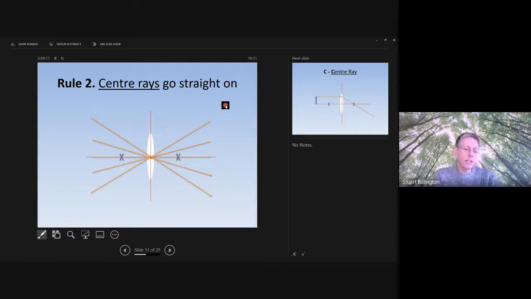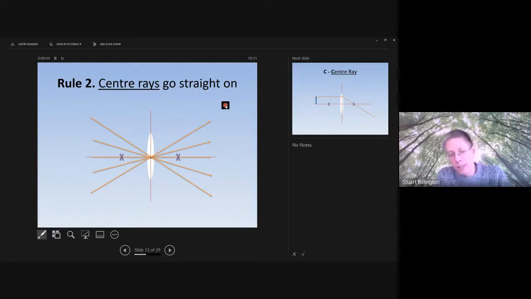It's not entirely perfectly true. The rays of light do get refracted a little bit, but what is happening is that even with the refraction, because the lens is symmetrical and because these lines are lines of symmetry on the lens, whatever happens to the ray of light as it enters the lens is undone as it passes out of the same point on the opposite side of the lens.